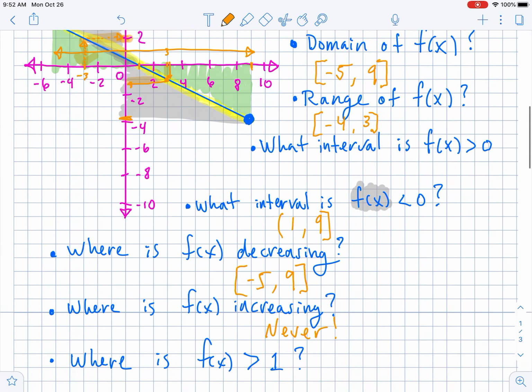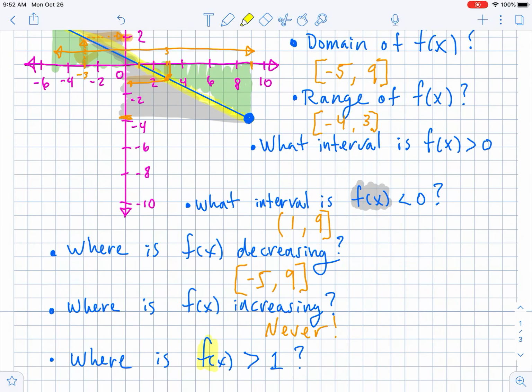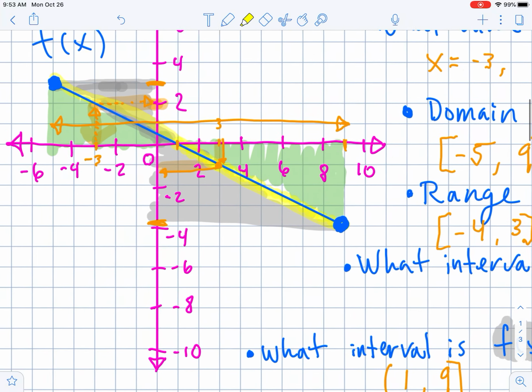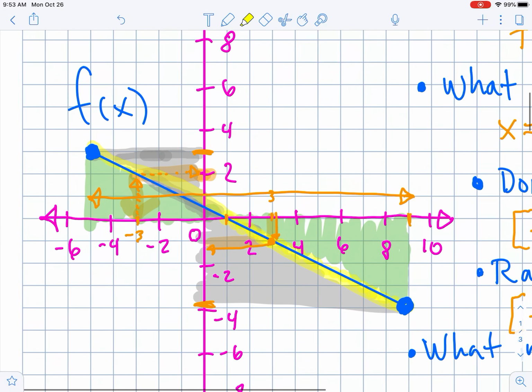Where is f of x greater than 1? Well, you guys, if f of x is a y, it's an output. So we want to know where the outputs are bigger than positive 1. Let's see, this diagram's getting a little messy, but here at positive 1, if I trace it over to the function, this whole portion is greater than positive 1 in terms of the y's, starting at x equal to -1.